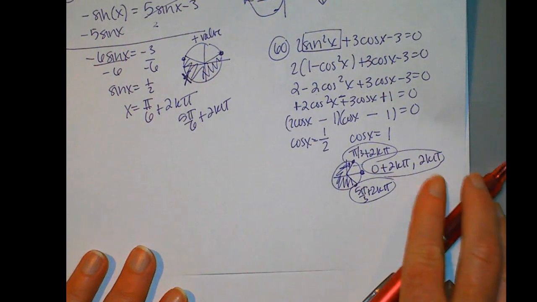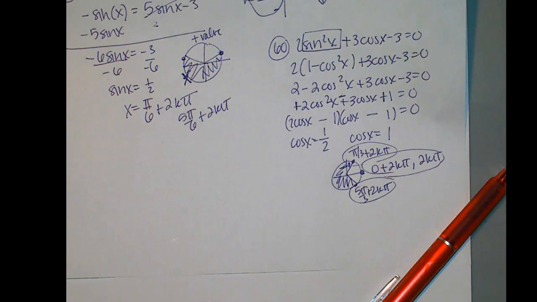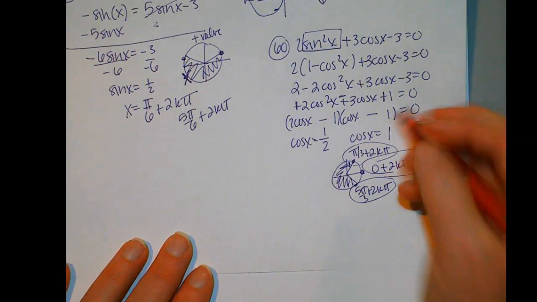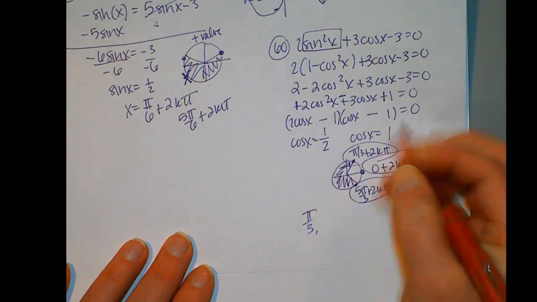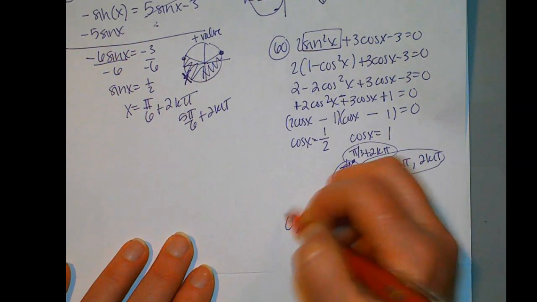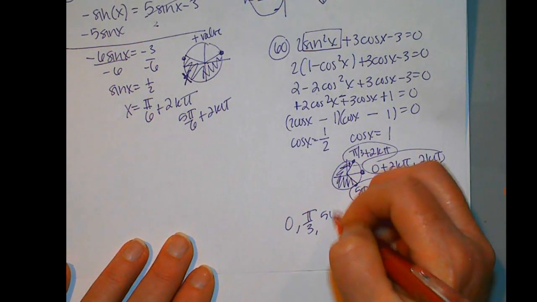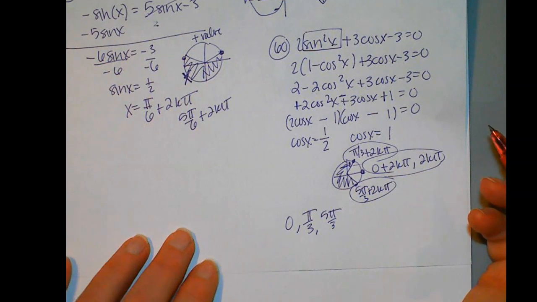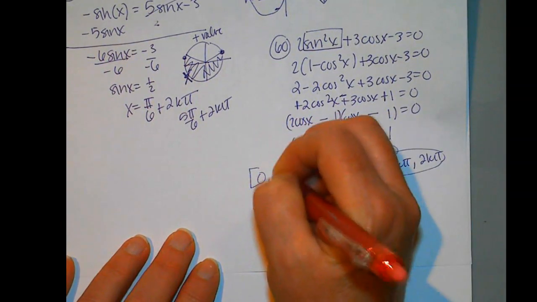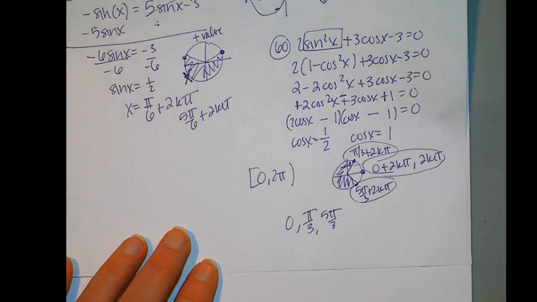Yes. So it had us do it in the interval 0 to 2 pi. Okay, so we would just list pi over 3, and it was 0 with a hard bracket, so 0, and then 5 pi over 3. Would you list 2 pi? Well, it would have given you this. Oh, okay.